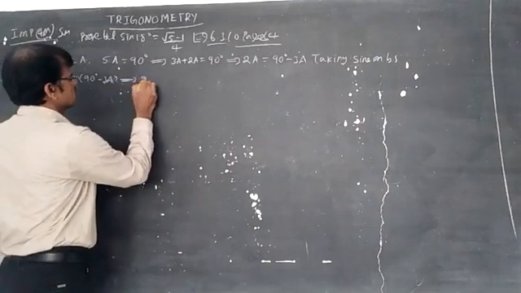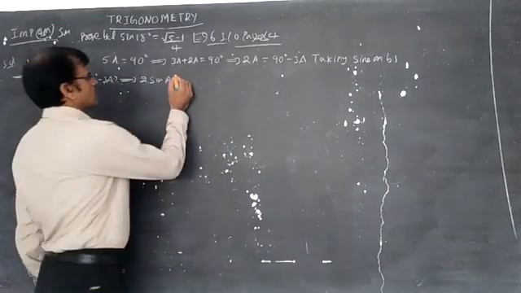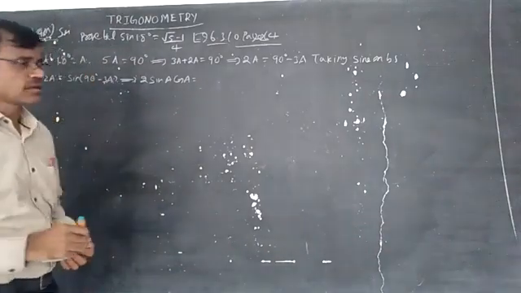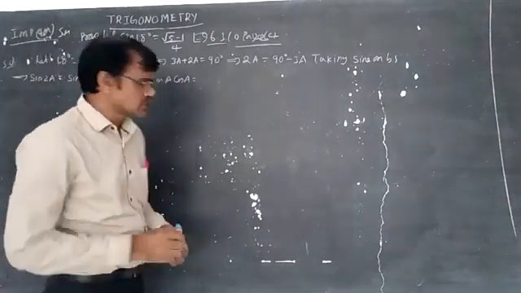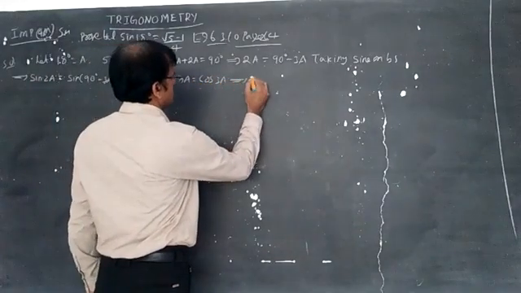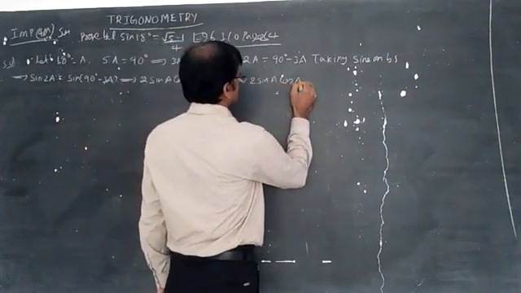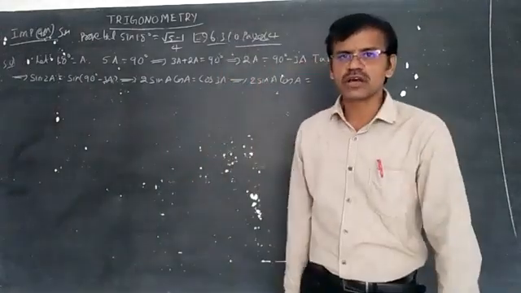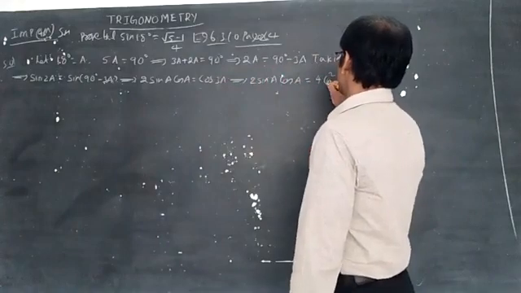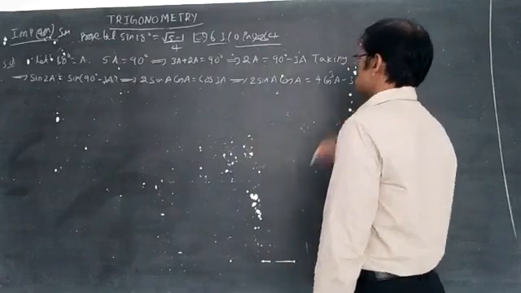Just as we have learned, the formula sin 2A is 2 sin A cos A, and we know the allied angles formula: sin(90 minus theta) is equal to cos theta. Now you write here that this is cos 3A. That implies 2 sin A cos A is equal to cos 3A, and in today's class we have learned the 3A formula, cos 3A as 4 cos cube A minus 3 cos A.